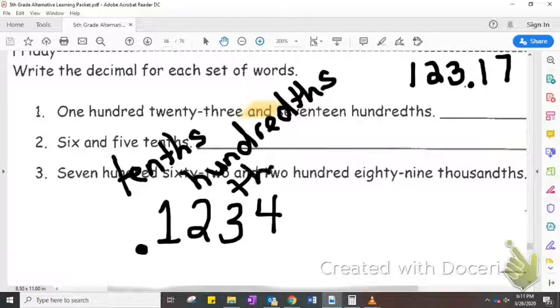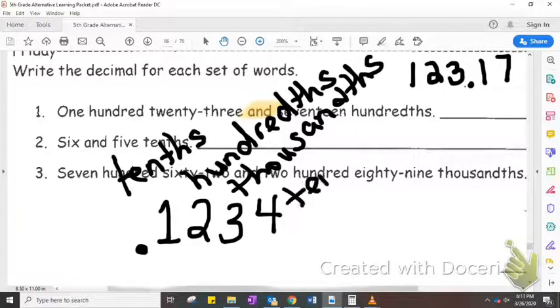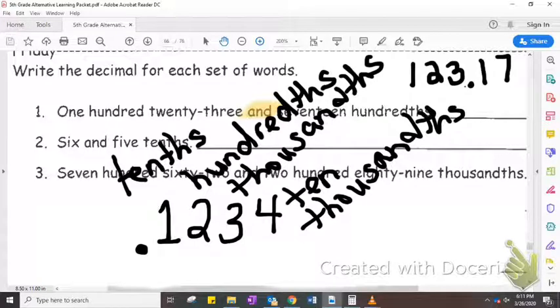This is the thousandths. And this is the 10,000ths. What they mean is how much you're dividing up the whole. Okay, so you can divide the whole up into 10 equal pieces, tenths, 100 equal pieces, hundredths, 1,000 equal pieces, thousandths, 10,000 equal pieces, 10,000ths, and so on. That's what that means.